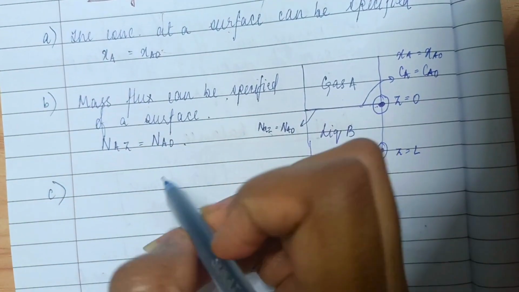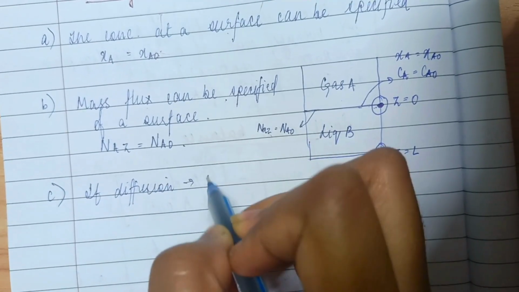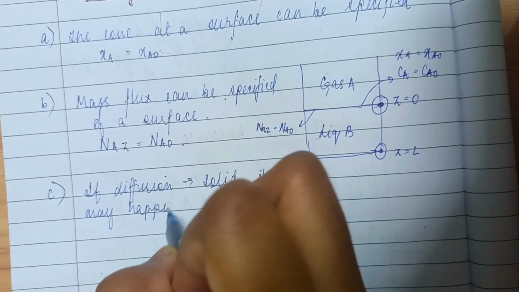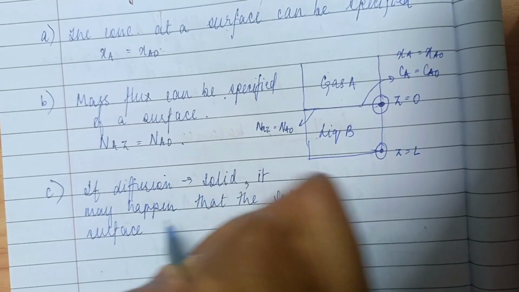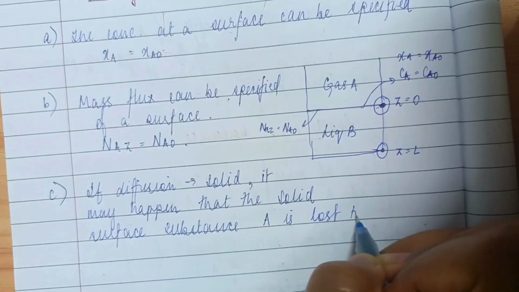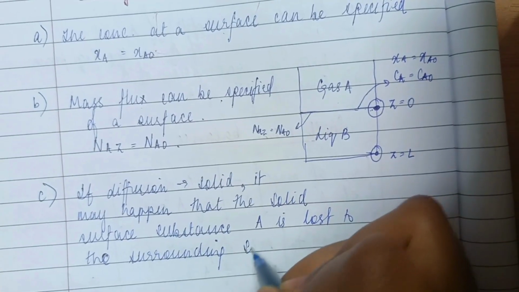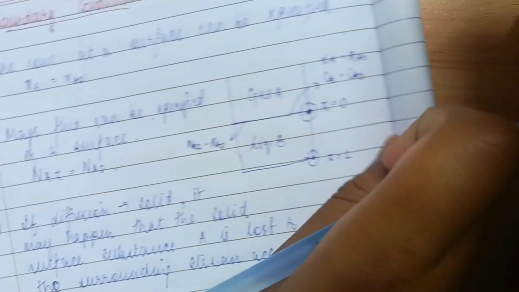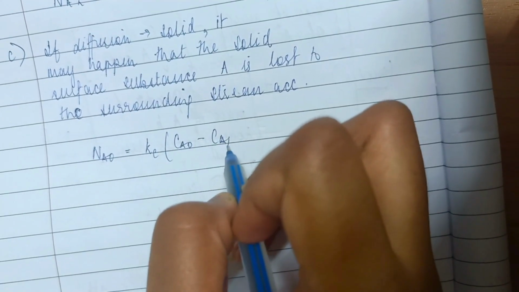The third boundary condition can be if the diffusion is occurring in a solid, it may happen that the solid surface, that is of substance A, is lost to the surrounding stream according to the relation Na0 is equal to Kc into (Ca0 minus Cab).